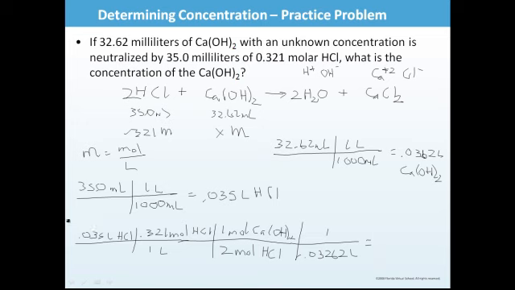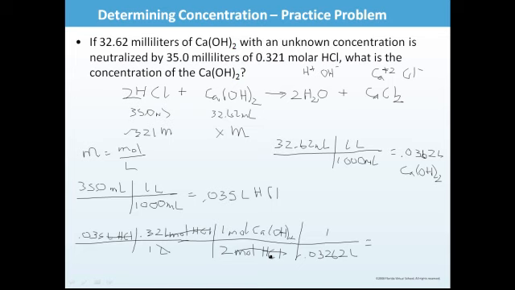So going back here, you can see all the units will cancel out. Liters of HCl cancel out here. Moles of HCl cancel out here with moles of HCl, leaving us with moles of CaOH2 over liters.